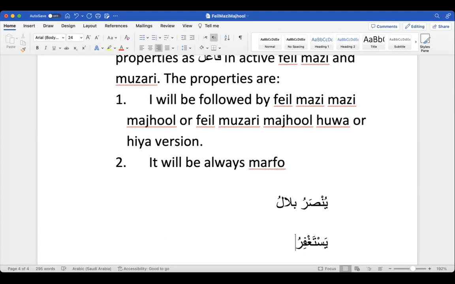Is this fail mazi, muzari, majhul? It is muzari, active, malum, normal. Which version? It is the Huwa version. So yastaghfiru means he seeks forgiveness.